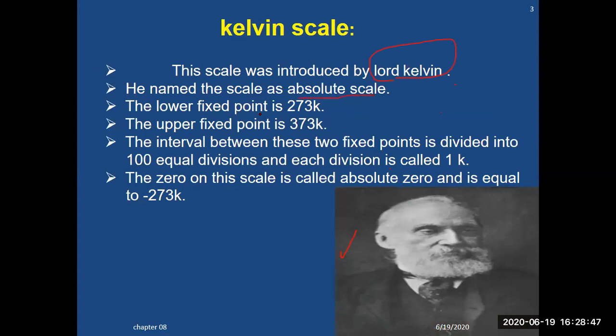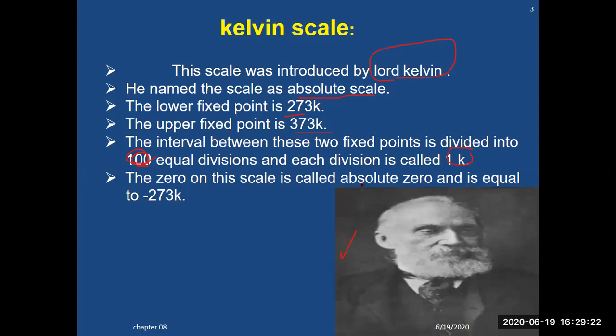The lower fixed point he used is 273 K and the upper point is 373 K. You'll see every type of scale has 100 equal parts, whether it starts from 32 and ends at 212, or from the lower fixed point 273 to 373 Kelvin. The interval between these two fixed points is divided into 100 equal parts, and each division is 1 Kelvin.